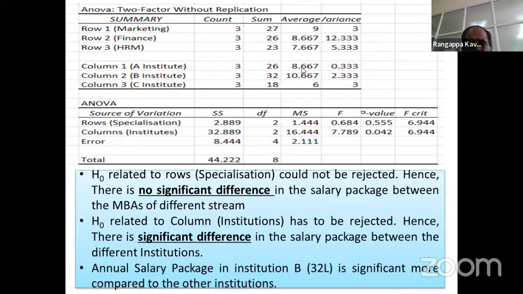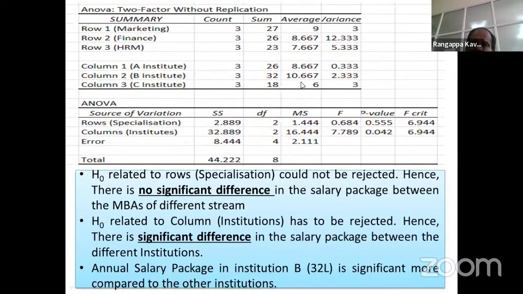Here you could observe the average salary package in institution A was 8.66 lakh, in B institution it was 10.66 lakh, and in C institution it was 6 lakhs. In fact, the MBAs who have studied in institution B have an average salary package of 10.6 lakh, which is definitely more than that of graduates from institution A, where it is 8.6 lakh.